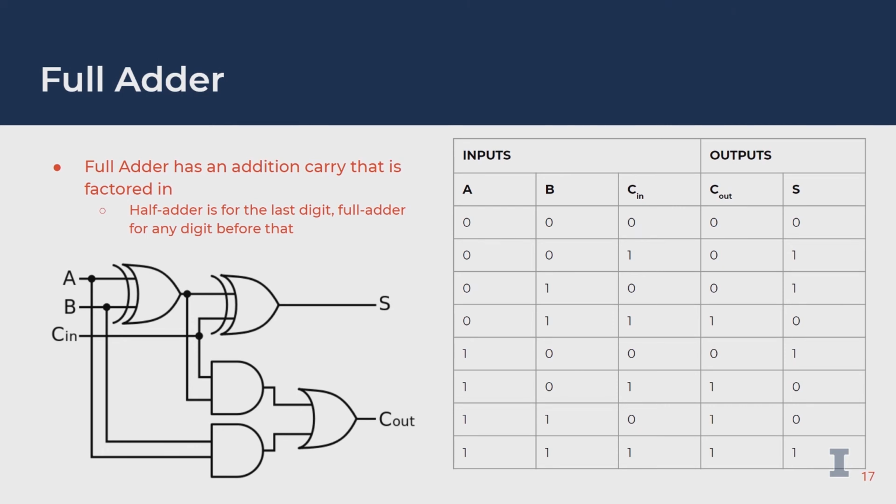And then for C out, we have our inputs here, A going here, B going here. What's this gate? Right. So we're going to do an AND of A and B. And then we're also going to have another AND gate. That's going to be from A XOR B from the first one we did, ANDed with C in. And then these two AND gates go together into an OR gate.